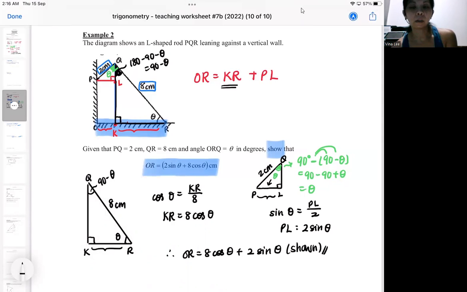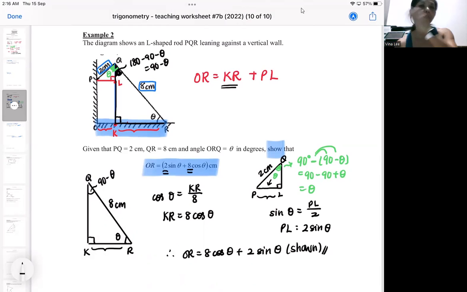So this is a question that involves cutting. No matter how the diagram is turned, they can turn this orientation into a variety of different ways. So no matter what the turning is, if you would like to cut, make sure you don't cut the theta, you don't cut the two lengths. If you cut the two lengths, you will never be able to get the numbers in the proof.